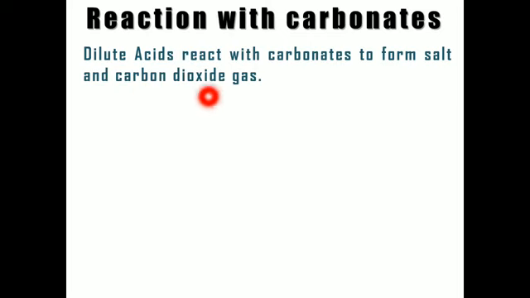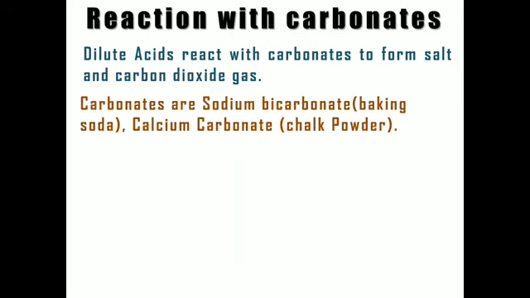Carbonate compounds are like sodium bicarbonate and calcium carbonate, the normal carbonate compounds available to us. Sodium bicarbonate is baking soda, if you remember, and calcium carbonate is chalk powder.